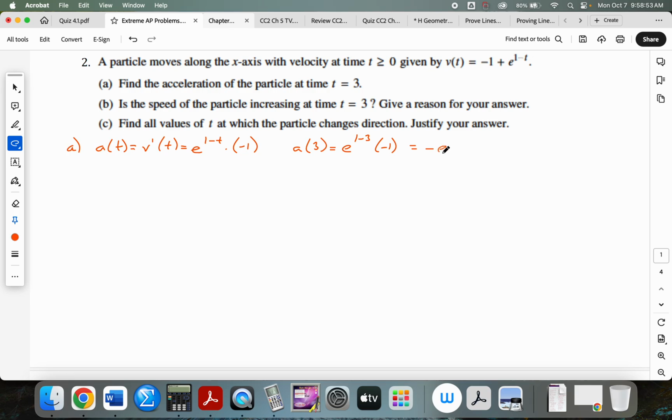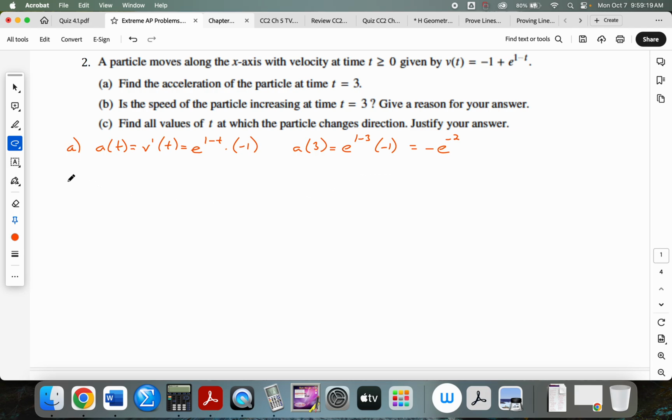So it'll be negative e to the negative 2. Now, if this happened to be on the calculator part, you could do that in your calculator, right? You could use the numeric derivative to get an approximation for this. It was easy enough to do by hand that I didn't.